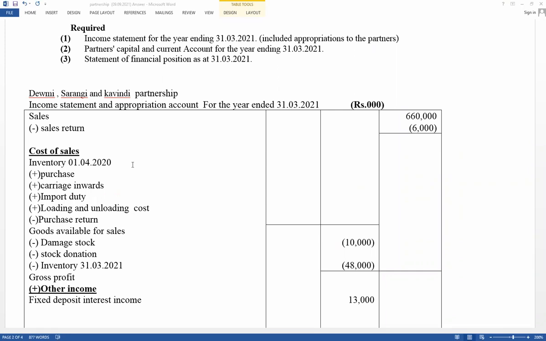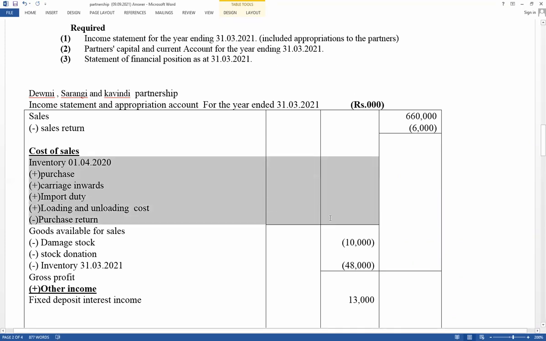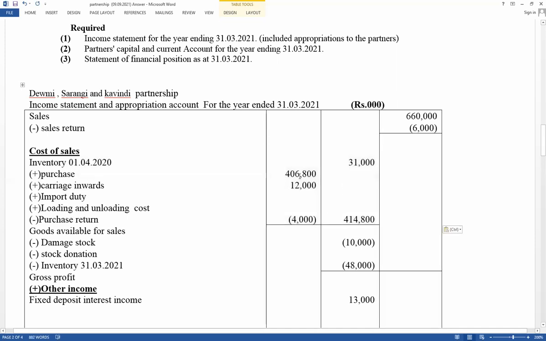Record opening inventory, purchase, carriage inwards minus purchase return. Then take the answer here.